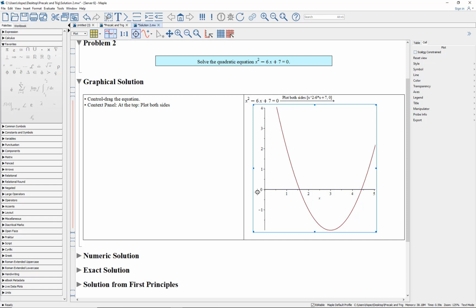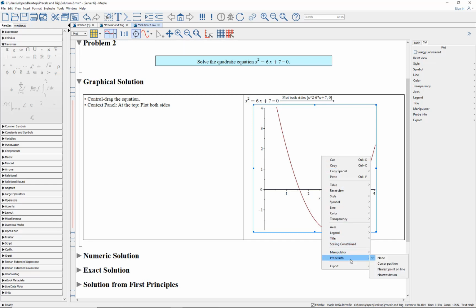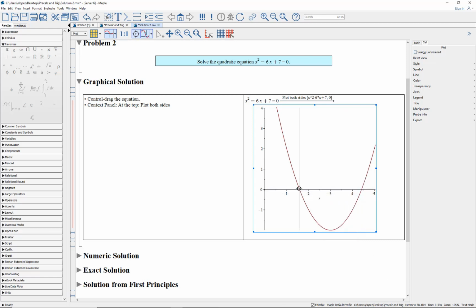So you can also read some coordinates here. Right click, probe info, pick nearest datum, set the crosshairs on one of the points, read off the coordinates of that crossing, and similarly for the other side.